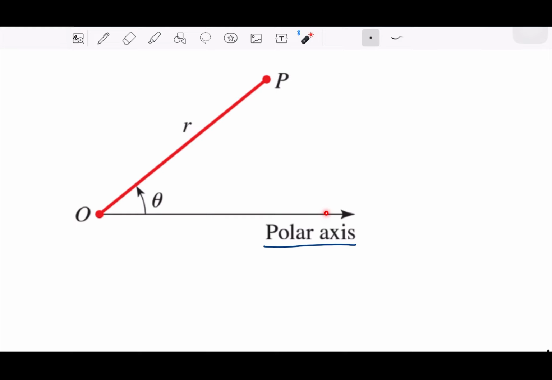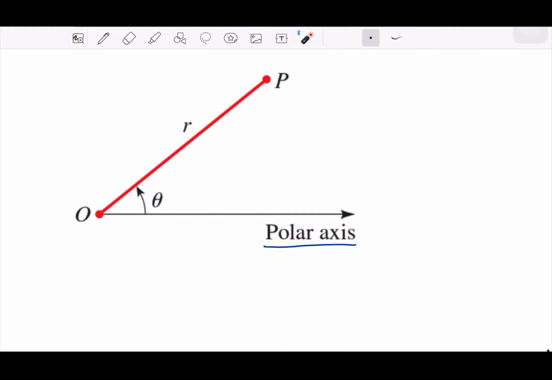So start from here, and then based on how long our radius is, this r, suppose this is our r here, and then we have some angle measurement theta, and then we move out according to the theta here.